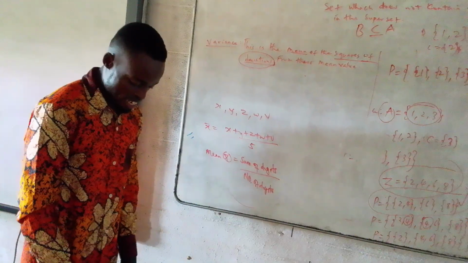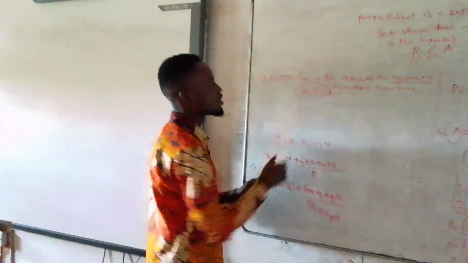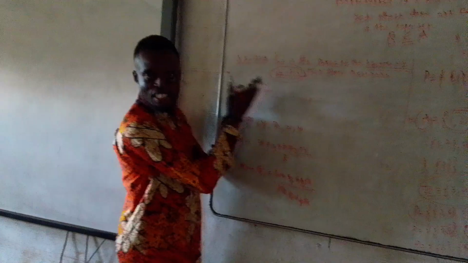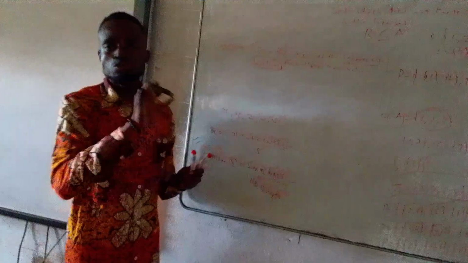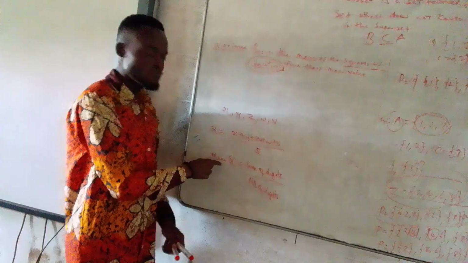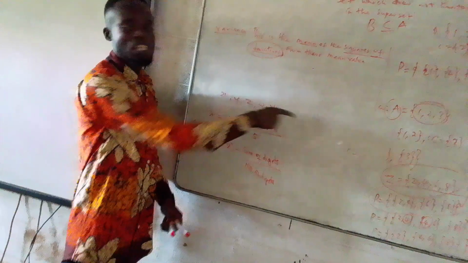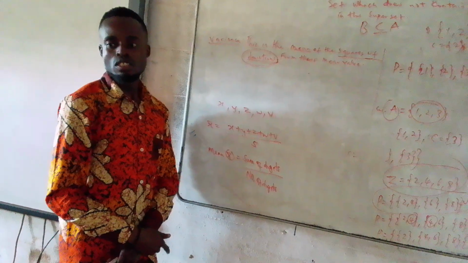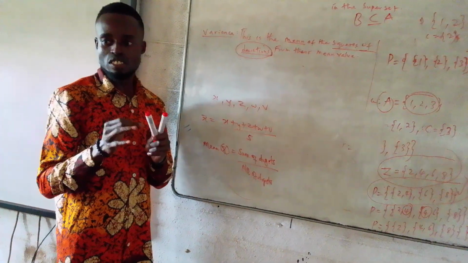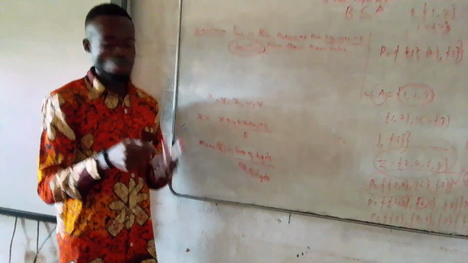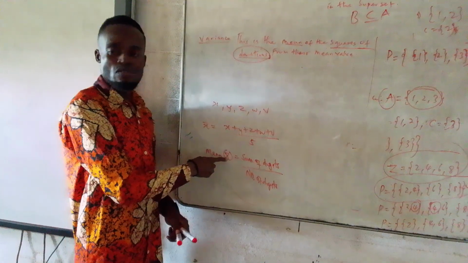Just like now, I'm standing here. If I leave, you are deviated from this point. So deviation in this context is the subtraction of the mean value from each of the given values. Deviation is the difference obtained when you subtract the mean value.